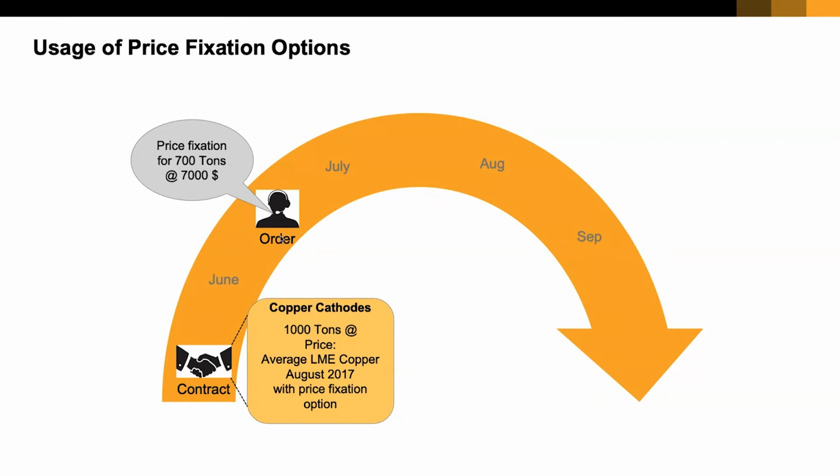When the order is booked, when the sales order is created, it can be a purchase order too, but say a sales order is created, we do the price fixation for 700 tons. So out of 1,000 tons, I have fixed the price for 700 tons, and the rate is, sorry, $7,000 per ton. So the other 300 tons is still floating. We have not fixed the price yet for 300 tons.